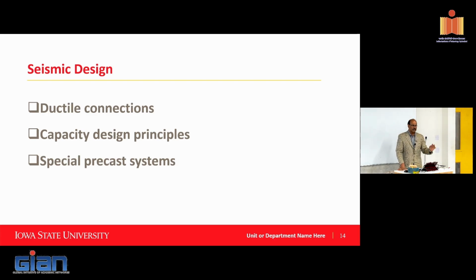The same applies to precast structures as well. We have also developed a number of special systems for precast structures. In fact, some of them have been so successful that the timber industry has adopted them with post-tensioning in timber elements. Steel structures have adopted it too, because precast has successfully shown you can do this.